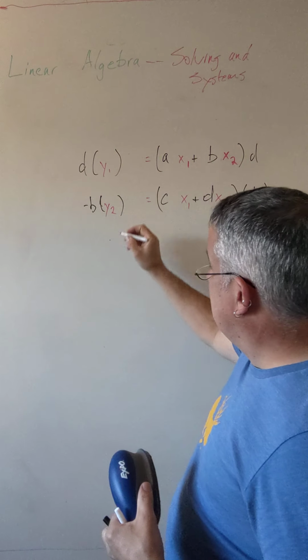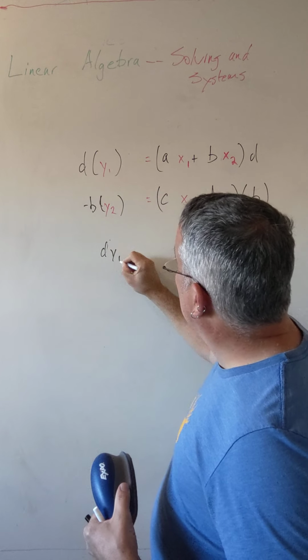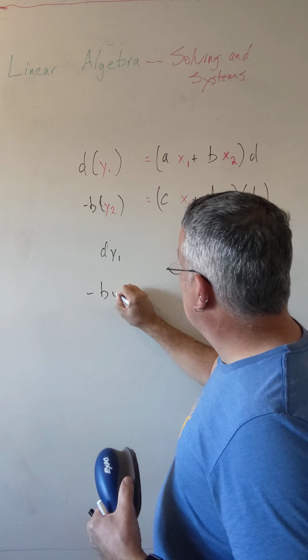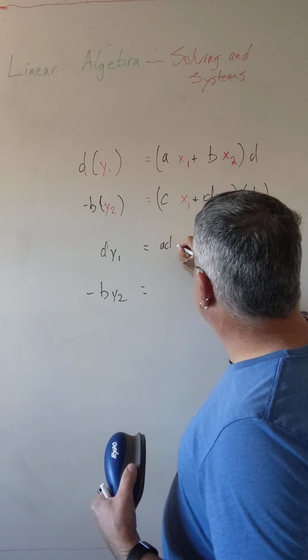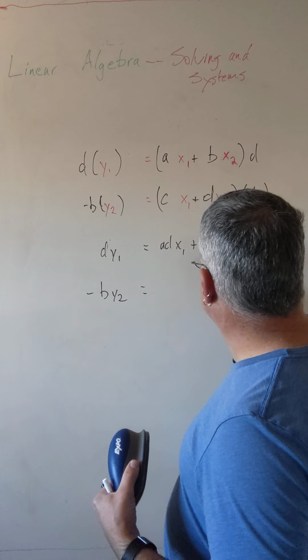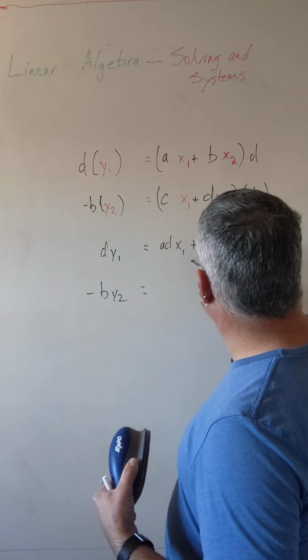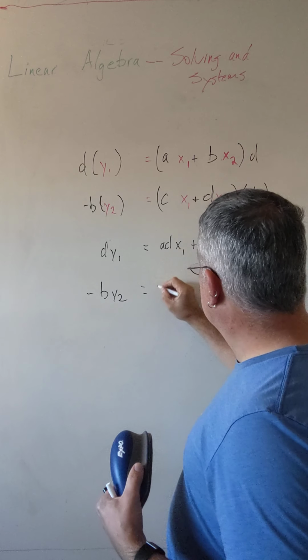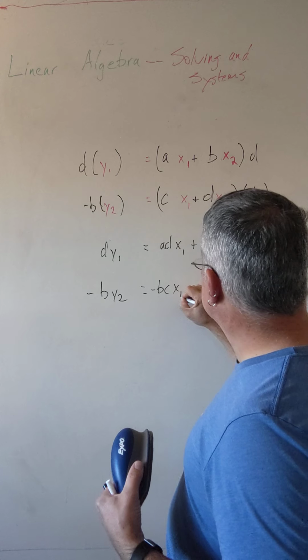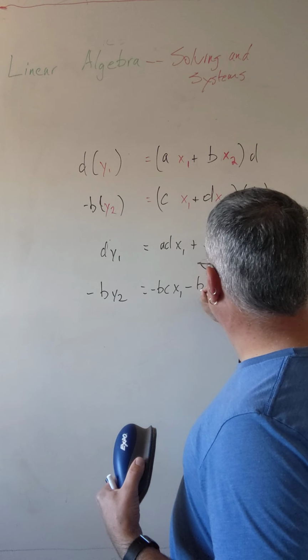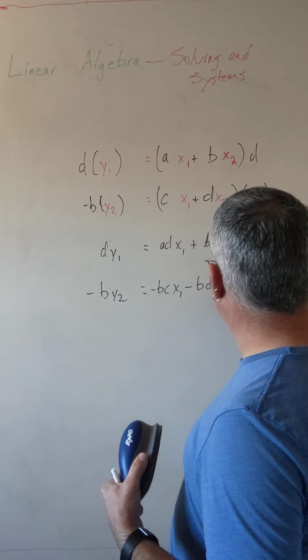Let's distribute this out. So we get dy1 minus by2 equals ad times x1 plus bd times x2. And this one we get minus bc times x1 minus bd times x2.